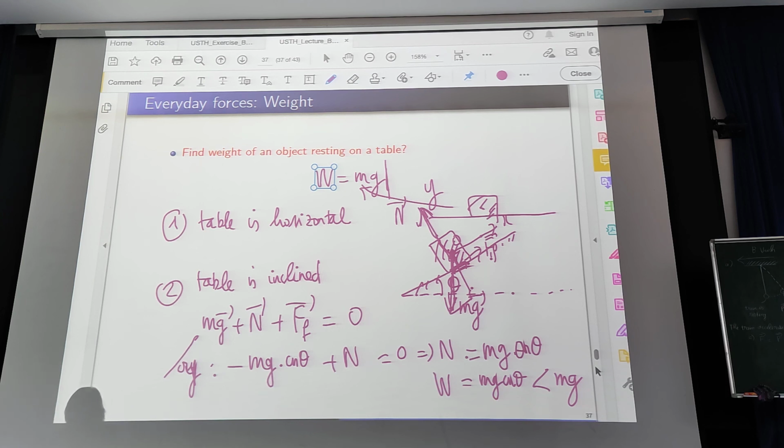So when you weigh, be careful to put the balance on a horizontal surface. Otherwise, you get the wrong answer. Maybe you go to the supermarket, the table is tilted up, and they weigh the meat or something, and then you weigh less. Agree? You weigh less, even if you have bigger meat. Okay?